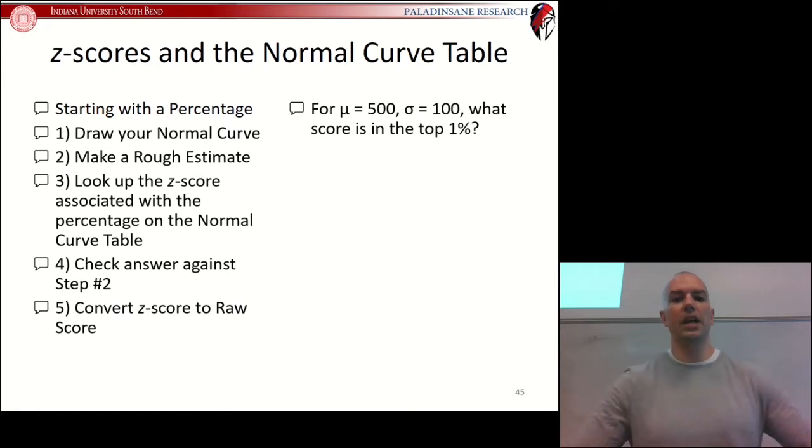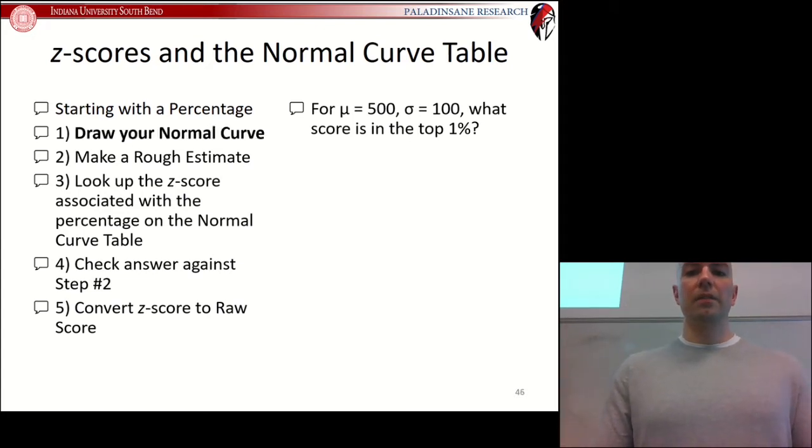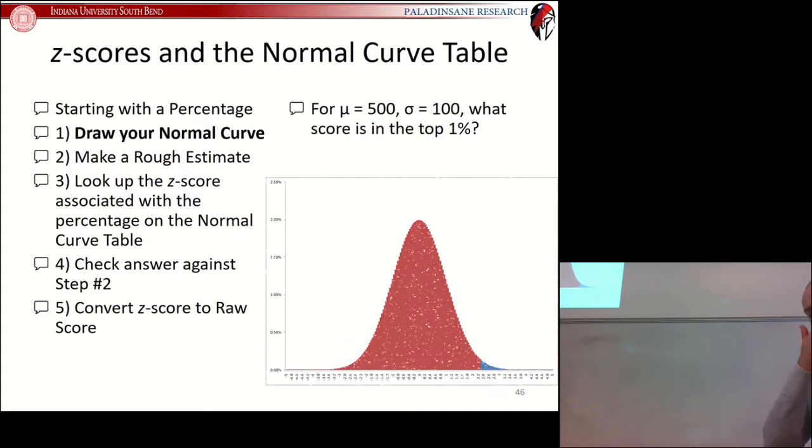So first off, indicate what information you're given. In this case, it's a percentage. First thing, draw your normal curve. Once again, it doesn't have to be pretty, it doesn't have to be accurate. There it is. We want to know what you need to get into the top 1%, what you need to get into that blue area right there.